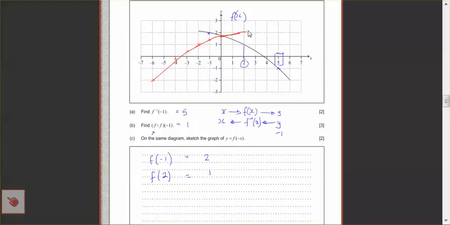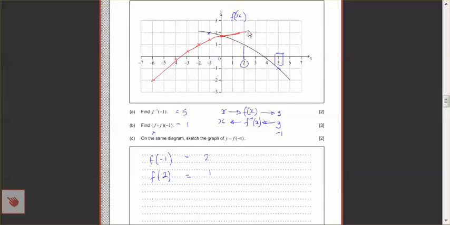Some people just thought, oh, it's going to be a reflection in y equals x. And why do we think that? Because a reflection in y equals x is when you're looking at the what? When it's to the minus 1, right? So the inverse function is a reflection in y equals x.